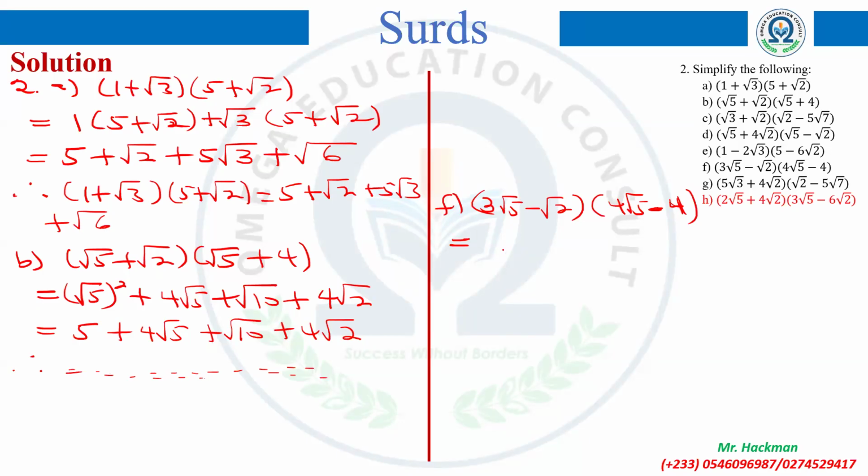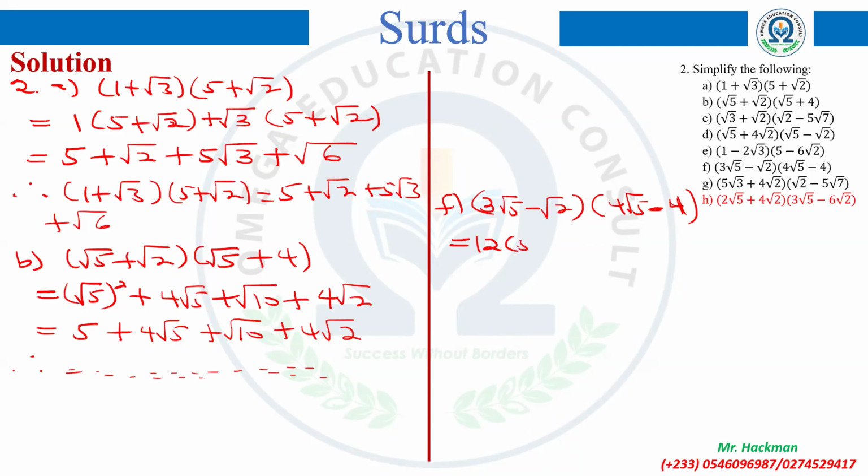Say you take out your 3 root 5, then multiply it by the brackets 4 root 5 minus 4. So that will give us, let's go, 12 into brackets 5.